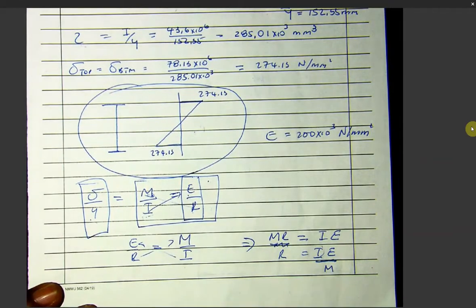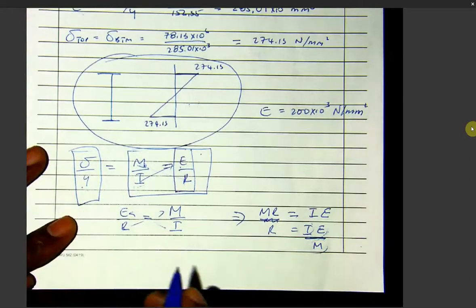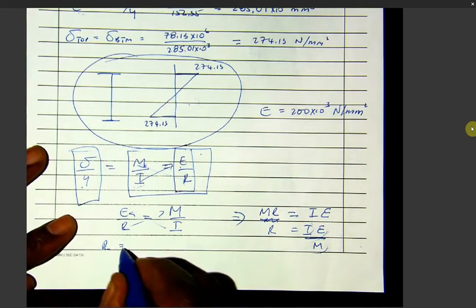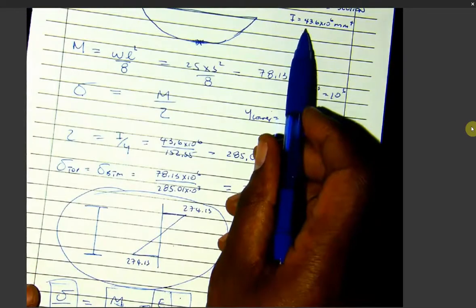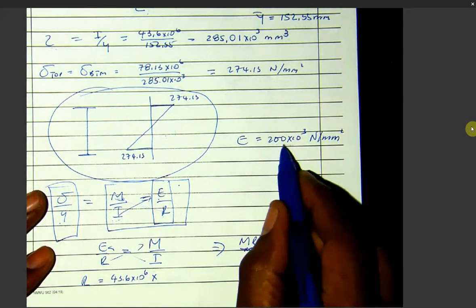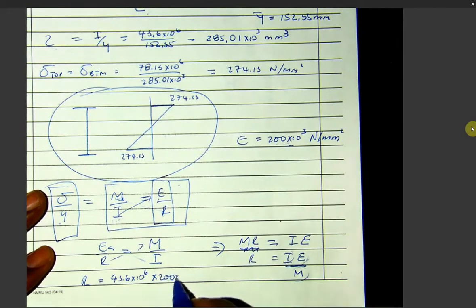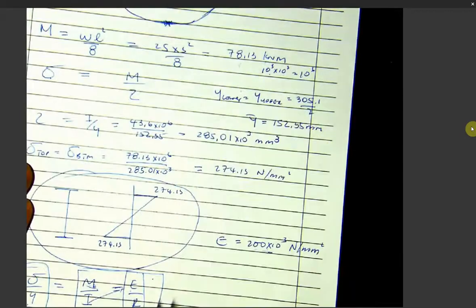The I value must be in millimeters, E in newtons per millimeter squared, and M in newton millimeters. Your radius will be equal to I, which is given, 43,6 times 10 to the power 6, times the E value, 200 times 10 to the power 3, and then M, 78,13 times 10 to the power 6.